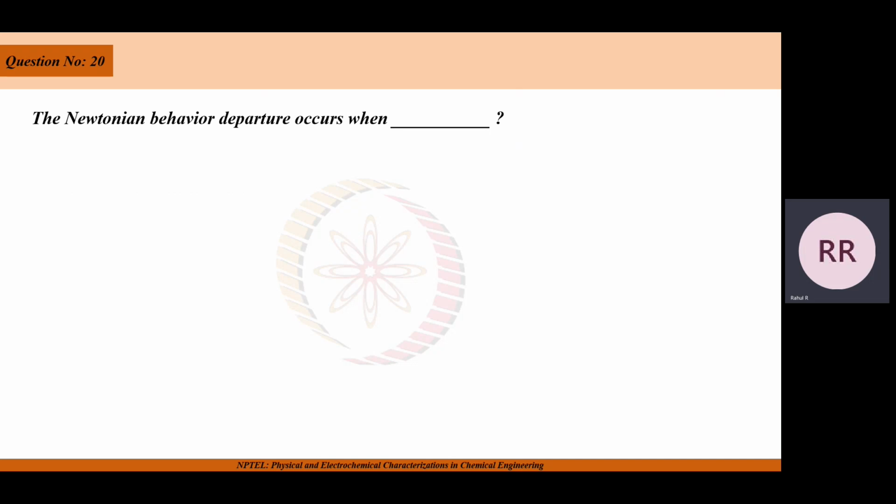The Newtonian behavior departure occurs when dash. So when does a material show a departure from Newtonian behavior? The Newtonian behavior departure occurs when dash. Think about the question for a while, then I'll let you know the answer.